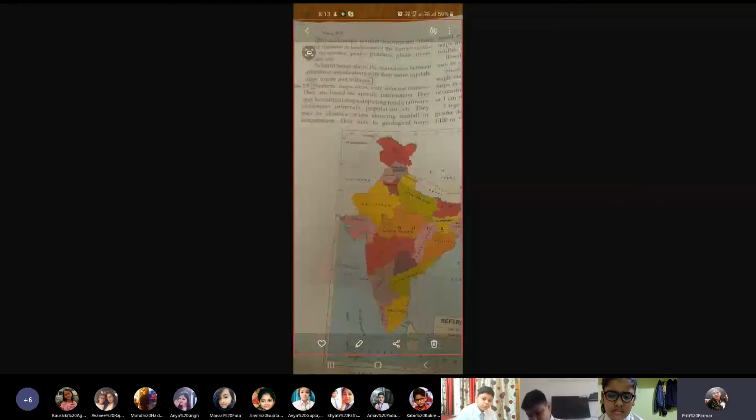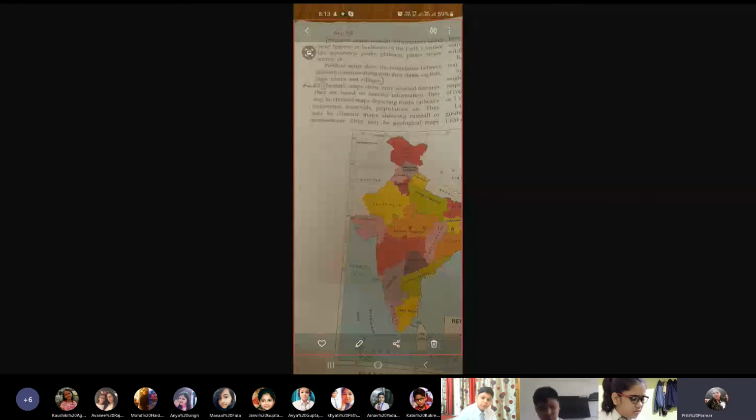Now the D2 answer is this. Physical maps contain information about relief features or landforms of the Earth's surface like mountains, peaks, plateaus, plains, rivers, oceans, etc. Then you will draw a line on the other side, you'll write political maps.